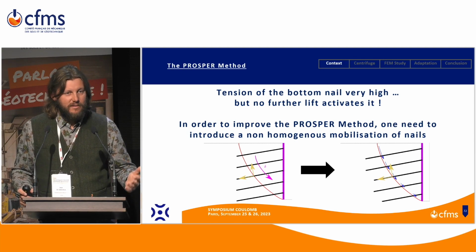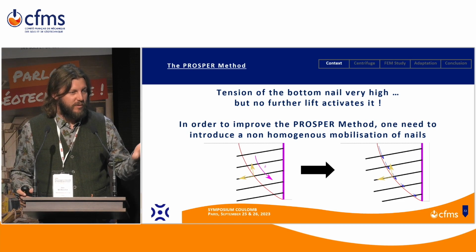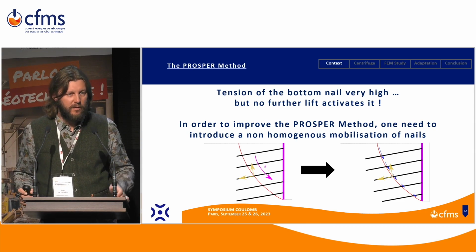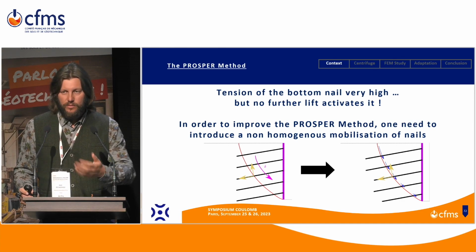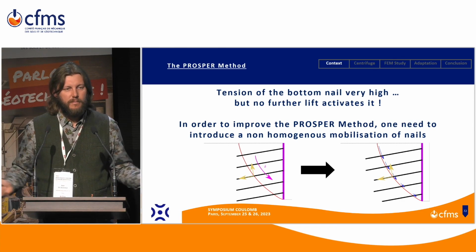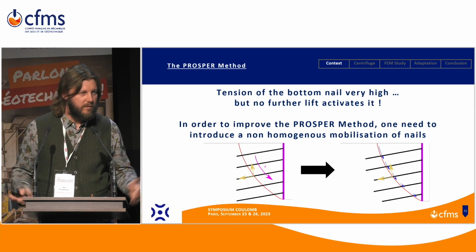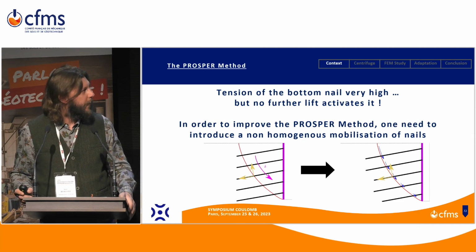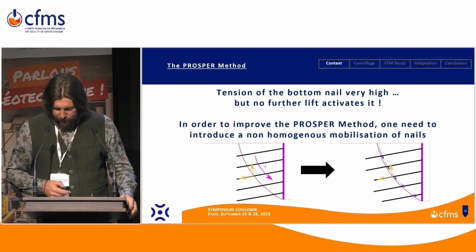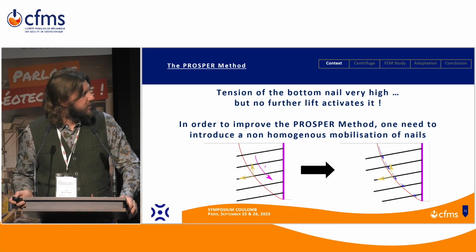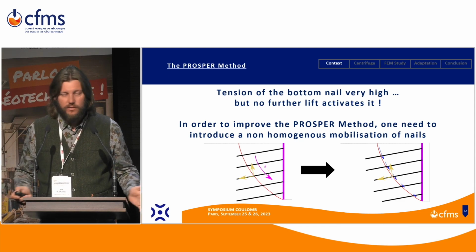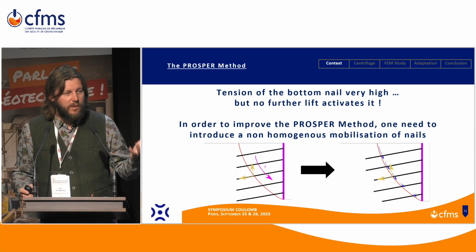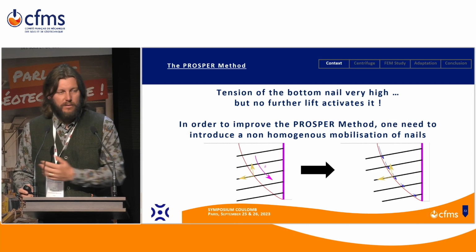However, it's not easy to guess the shape of delta, and in the initial version of Prosper, it was possible to introduce a variable delta, but by ignorance, we did not know the shape of delta, so it was not used. And the idea in the PhD was to find the shape of delta to use. So the shape of delta relates to the mobilization of nails.